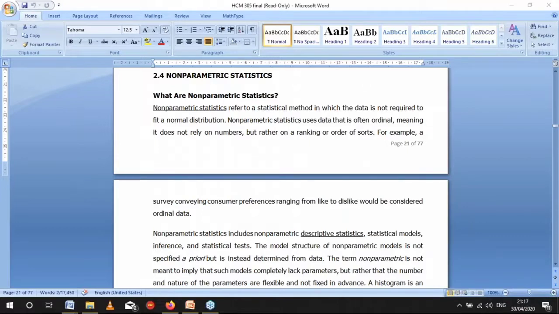Calculate the following: mean, median, mode, range, variance, and standard deviation. That is the assignment for tonight. Thank you.